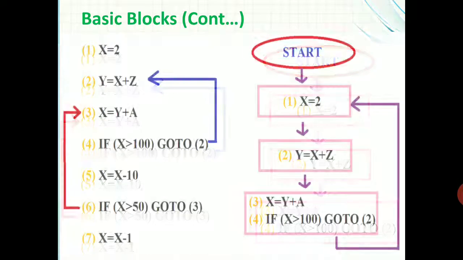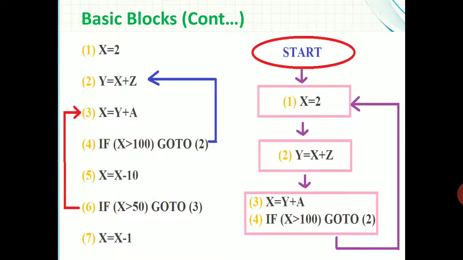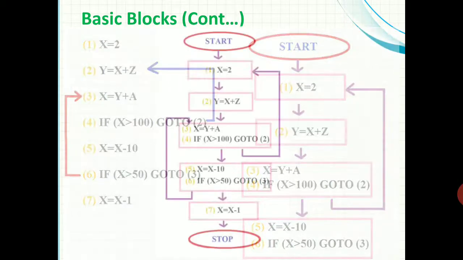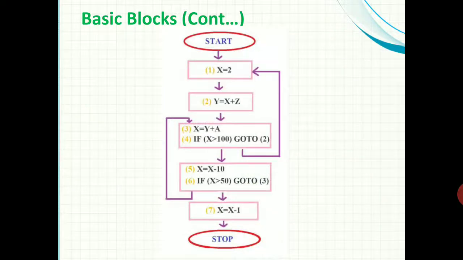Next, the control will go to the second. Then the other statements can be combined into one new basic block. Then the last block is the seventh block. Then there is also a start and stop block. So these are the basic blocks for the entire set of three address code.